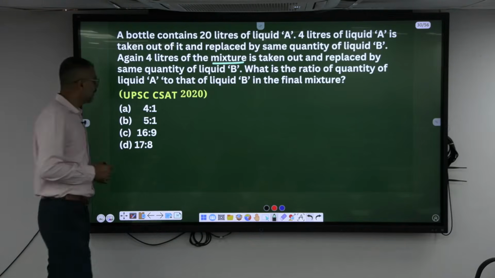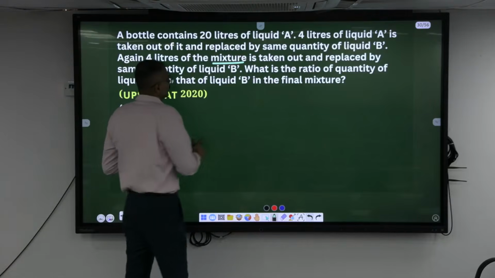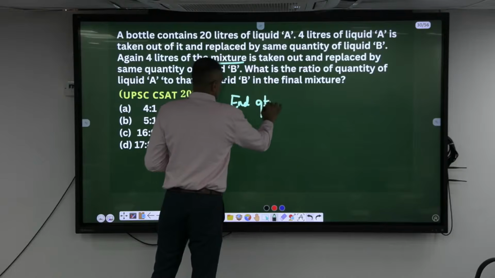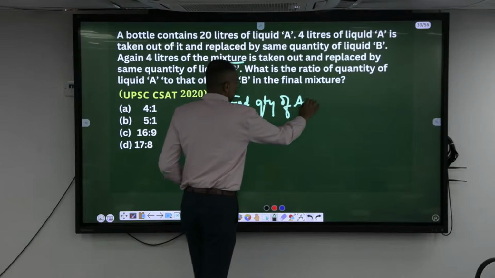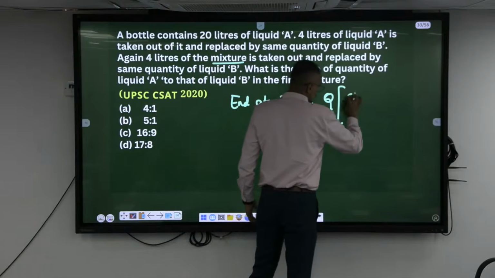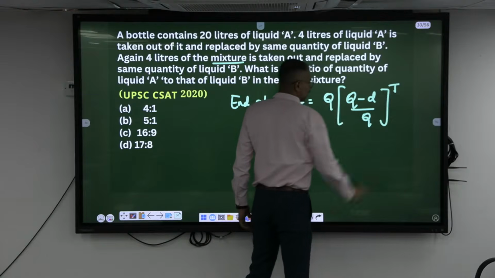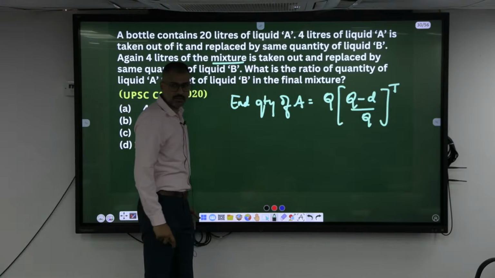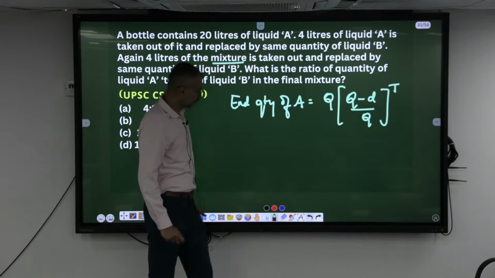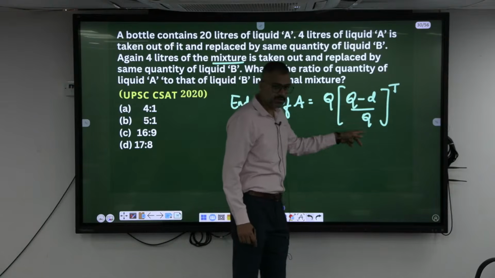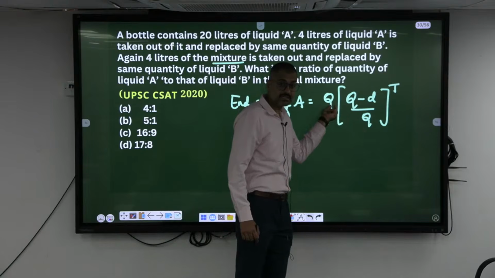For this one you can apply the formula. The end quantity of A is equal to Q into (Q minus D by Q) whole power T. This is the formula of a GP. Q is the total quantity at the start.